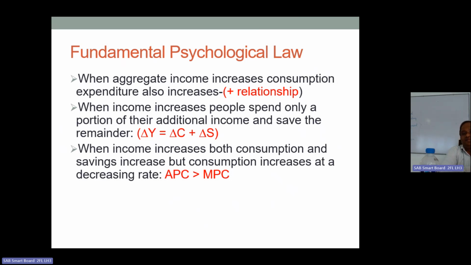At higher income levels, we do more and more savings and investments. So the third one is that when income increases, consumption increases at a decreasing rate. That explains the concept we discussed last time: average propensity to consume is greater than the marginal propensity to consume.